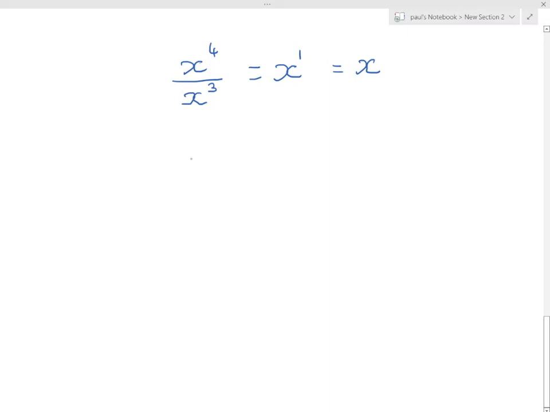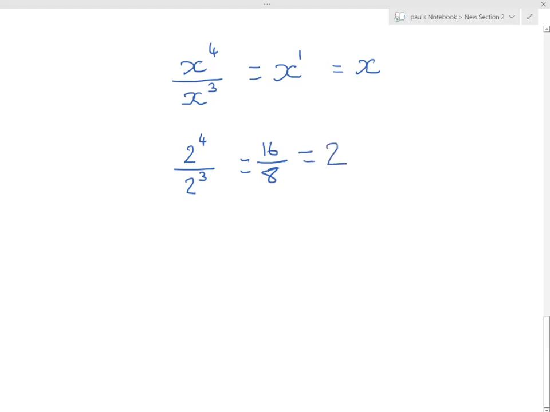Now, if I have 2 to the 4 divided by 2 to the 3, because I'm using the same base, I get 2 to the 1. Yes: 2 to the 4 is 2 times 2 is 4, times 2 is 8, times 2 is 16, divided by 2 times 2 is 4, times 2 is 8, so 16 divided by 8 equals 2.